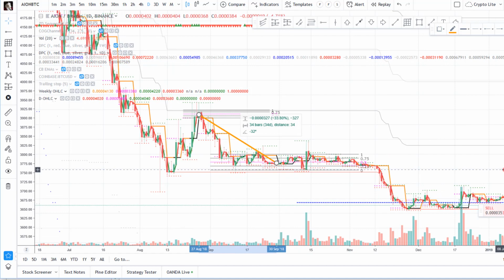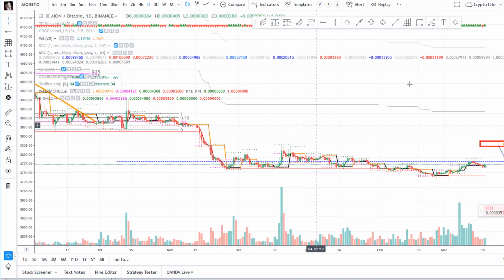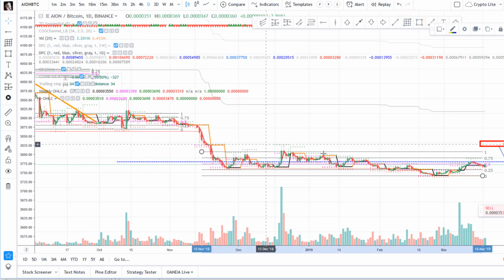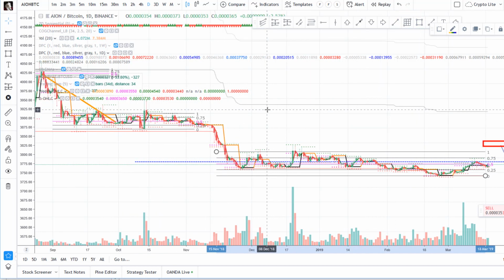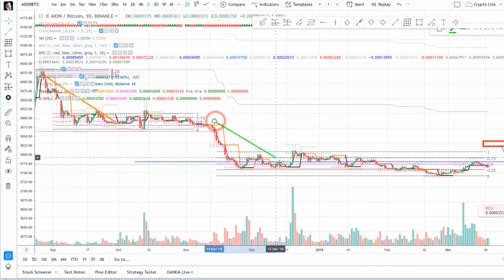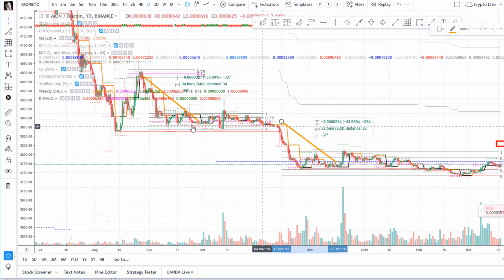Because then what was created down here? Well, here's another value channel. So when you go from value channel to value channel, you don't have to be exact, obviously, in the bottoms or tops, but it gives you the strike zones. So from this value channel middle to this value channel is 43%. This one here is 33%.